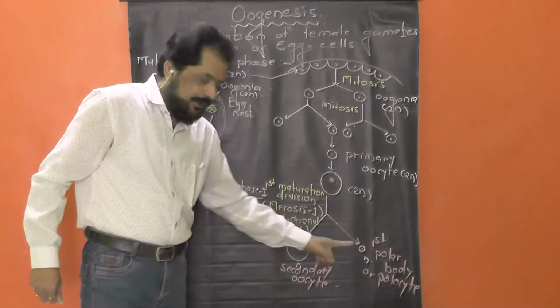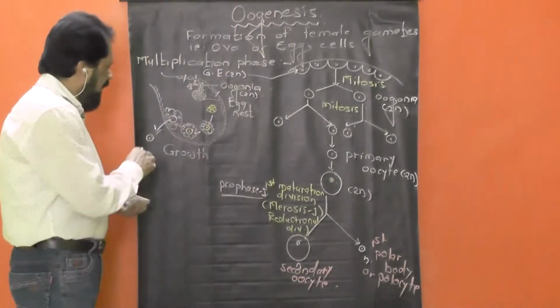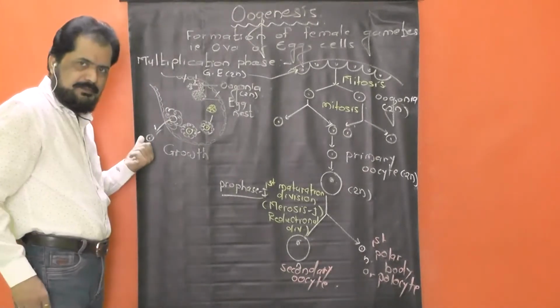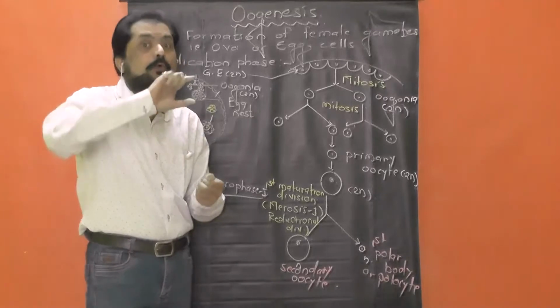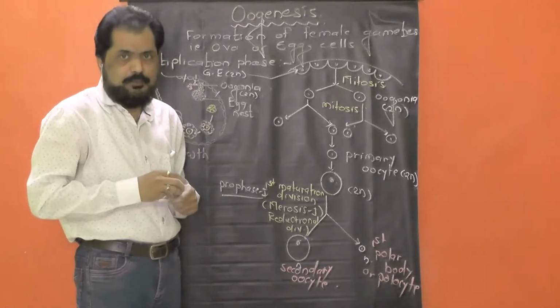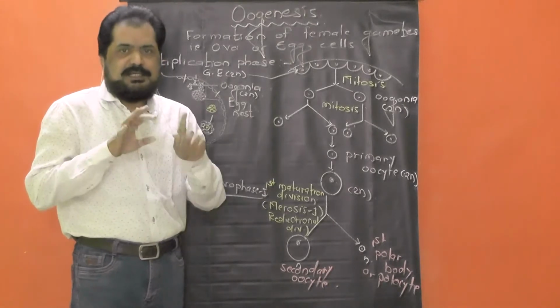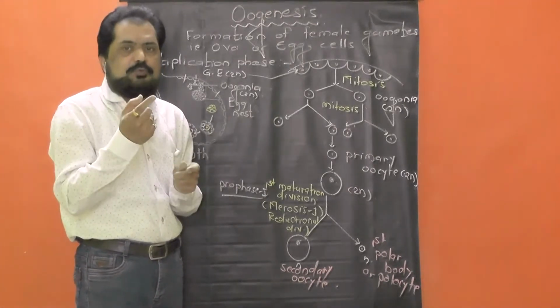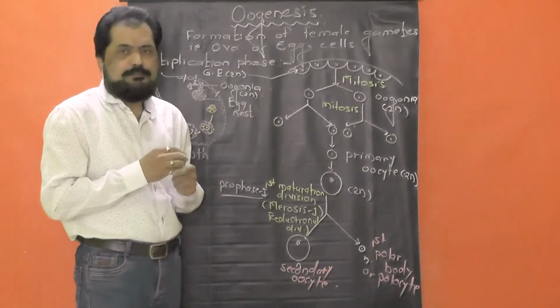Both are haploid. Now this secondary oocyte is shed outside the ovary, pushed into the oviduct, the ampulla part of the oviduct, and here this secondary oocyte remains as it is up to the approach of sperm.